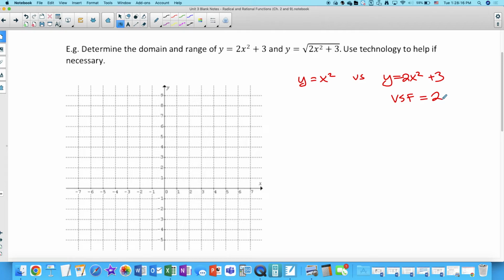What else? Yep. Yeah. Okay, so when you are graphing from transformations, I always start with this, apply the stretch first.